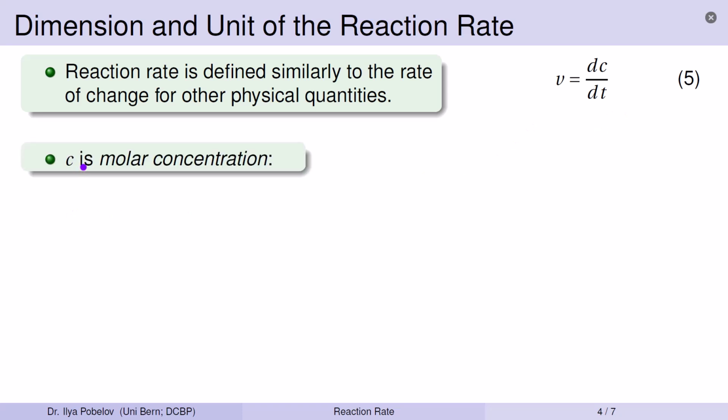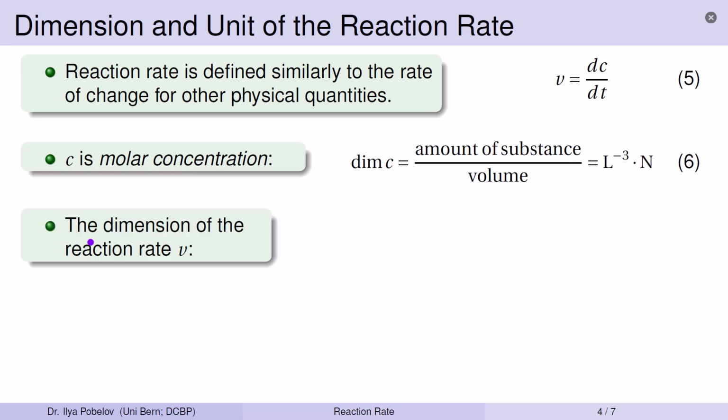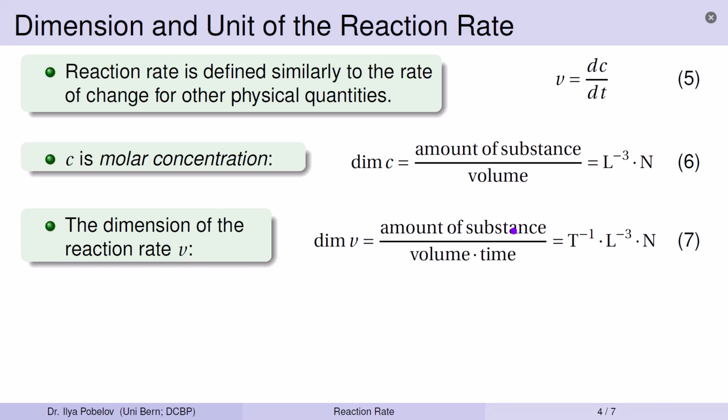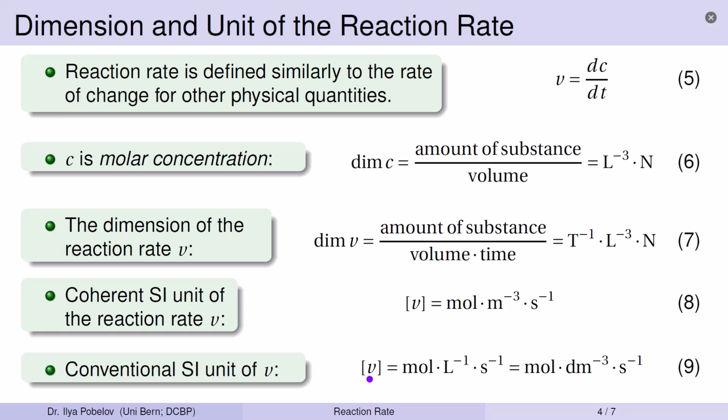Considering that C is molar concentration with a dimension of amount of substance per volume, the dimension of the reaction rate v is amount of substance per volume per time. Its coherent SI unit is mole times meter to the power of -3 times second to the power of -1, although mole per liter per second is typically used.